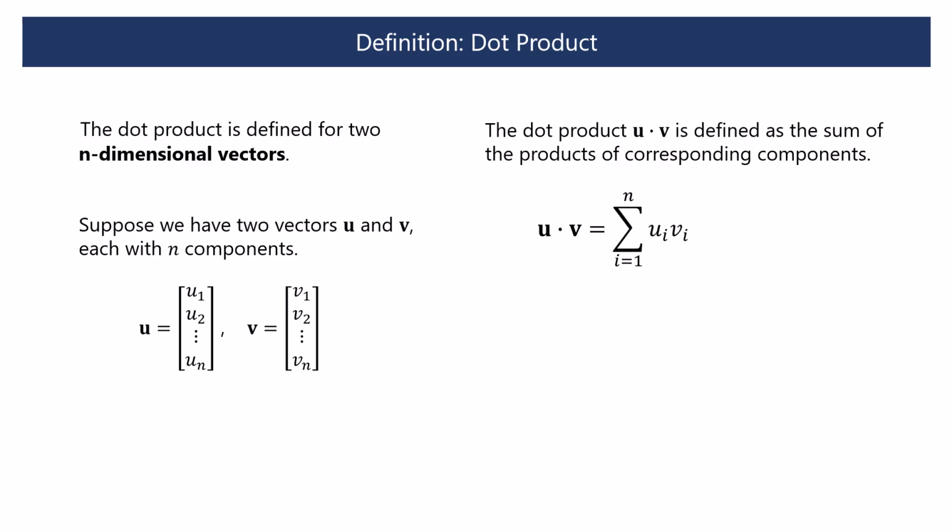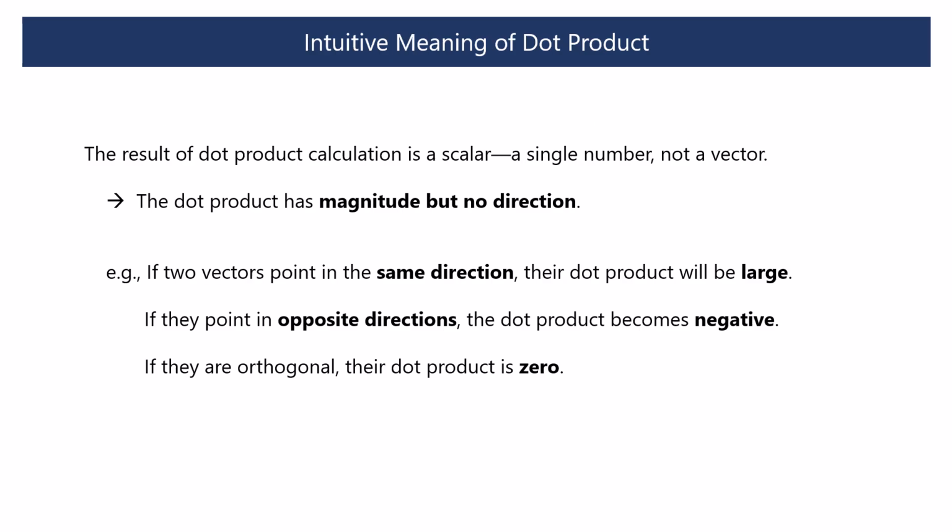Then, the dot product is defined as the sum of the products of corresponding components. The dot product of two vectors, u and v, is represented by connecting u and v with a dot. What is important to remember here is that the result is a scalar, a single number, not a vector. It has magnitude, but no direction.